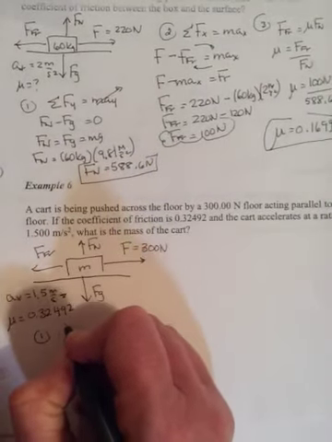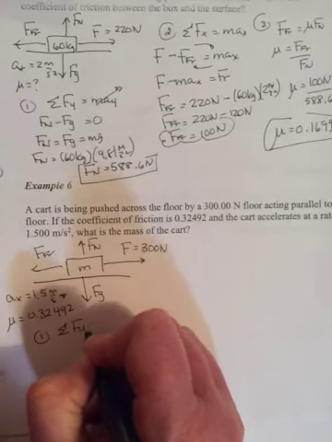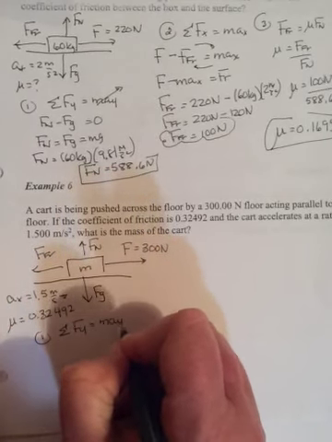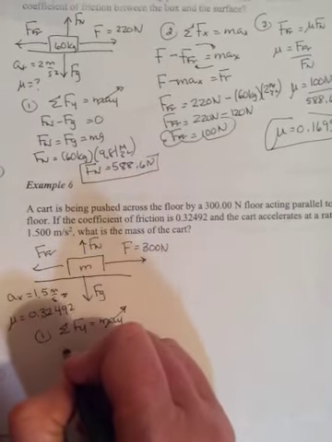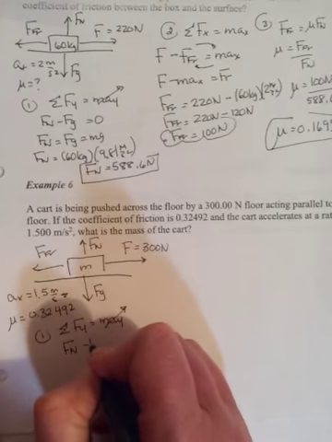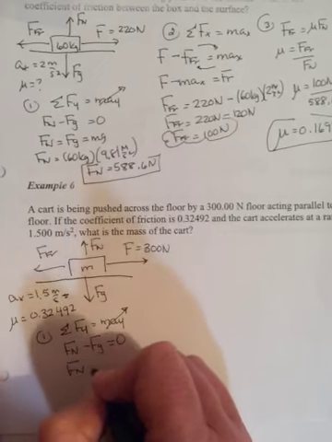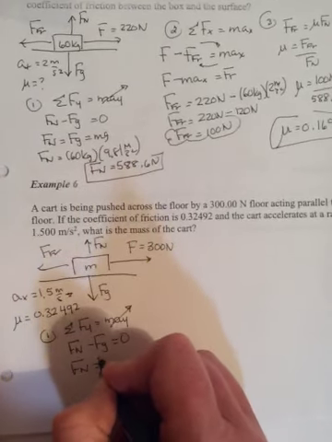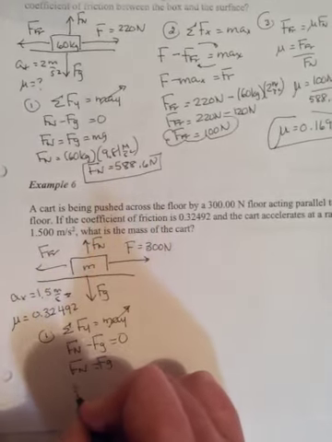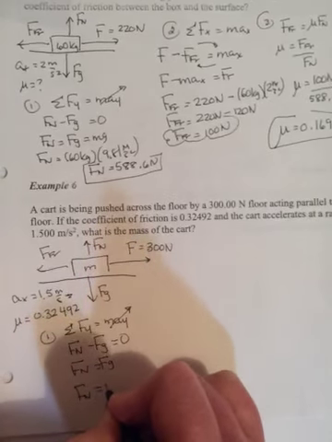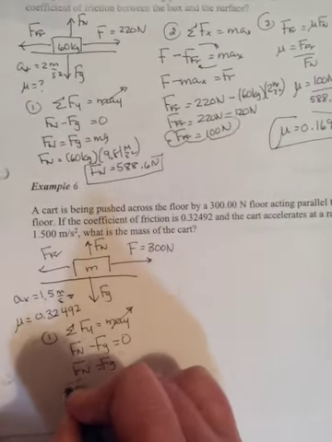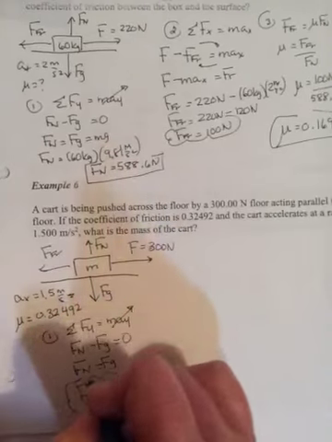Okay, so it doesn't change. We're starting with sum of the forces in the y direction. Still not moving in the y, still goes to 0. So Fn minus Fg equals 0. So Fn equals Fg. But this time, as far as I can get is Fn equals mg. I cannot get a number for it.